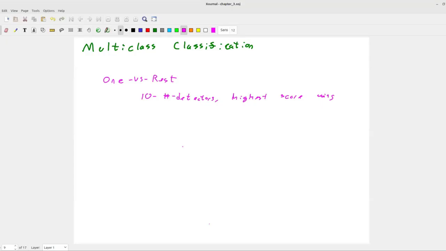So one versus one is the other way that we can do it. That approach trains a binary classifier for every pair of digits, right? So distinguishing 0s and 1s, and then 0s and 5s, and so forth. So if there are n classes, we have n times n minus 1, divided by 2 classifiers.